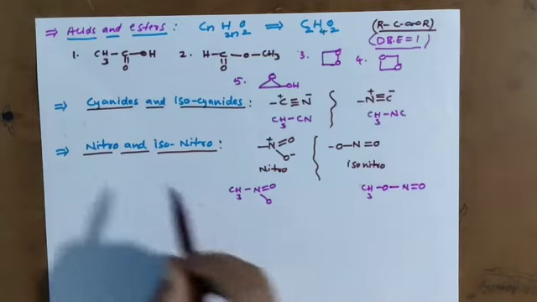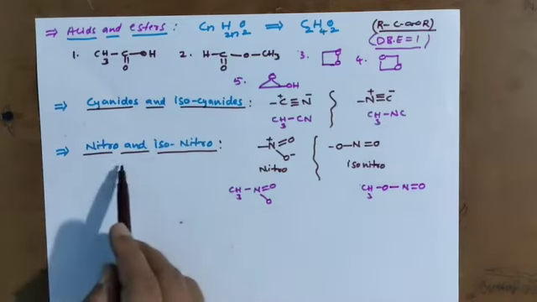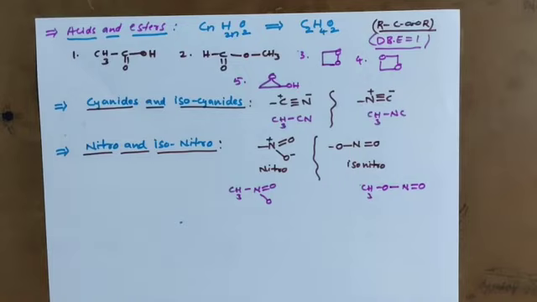Like this, cyanides, isocyanides, nitro, isonitro are also functional group isomers.